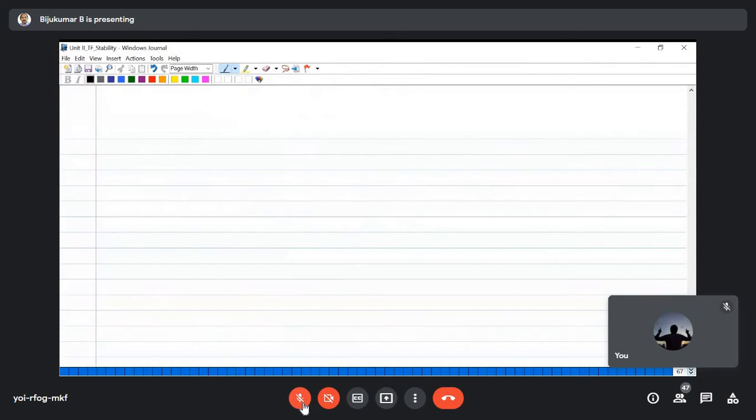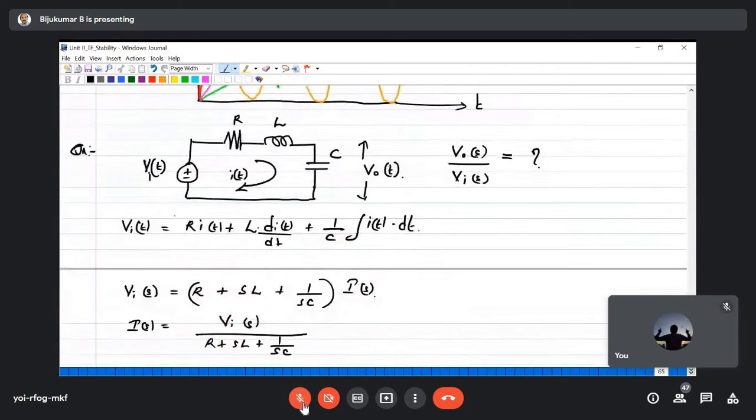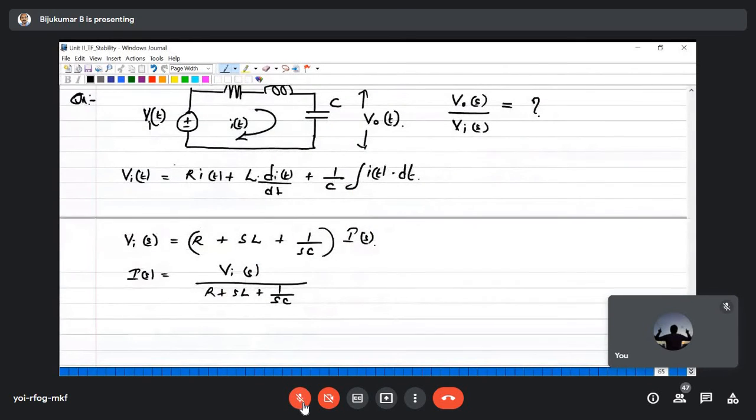But our aim is to find V out of S divided by Vi of S, right? So how will you find the output voltage? Output voltage is nothing but 1 by C integral i of t dt.